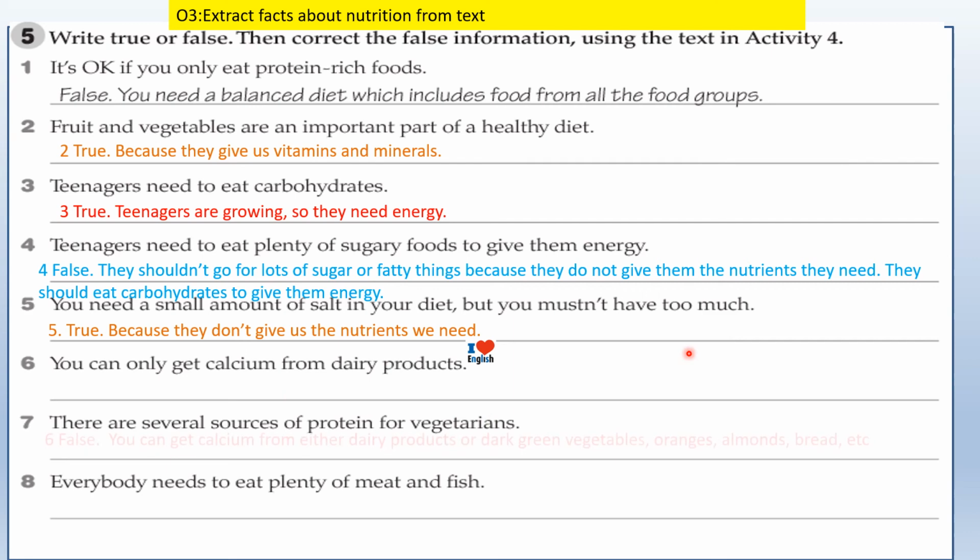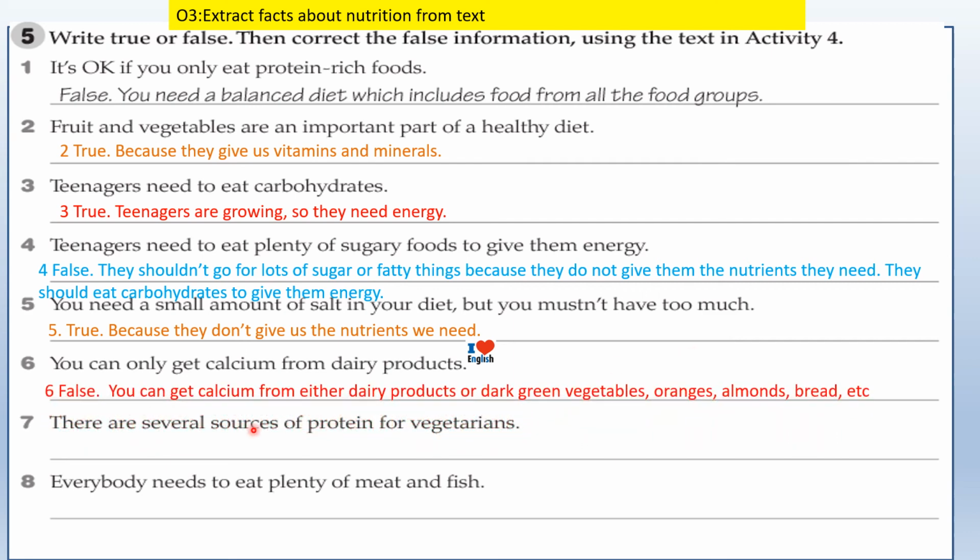So that's false. You can get calcium from either dairy products, like we said, or dark green vegetables, oranges, almonds, bread, etc. There are many sources of foods that we can get calcium from.